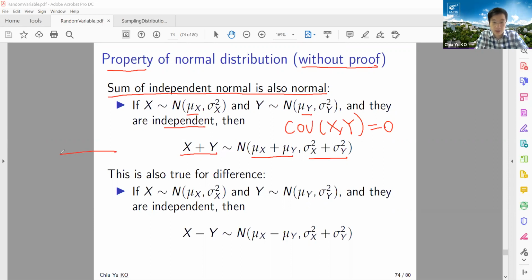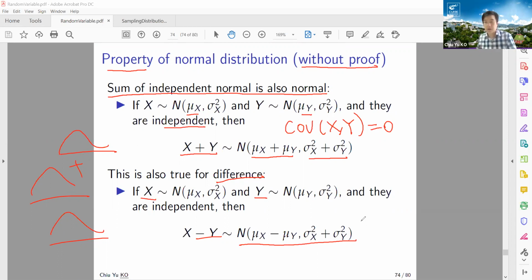If a bell plus a bell is also a bell, and the same for difference: one bell minus the other bell is also a bell. That is something you need to remember. There's nothing to understand, just to remember. Any question? Is that clear?